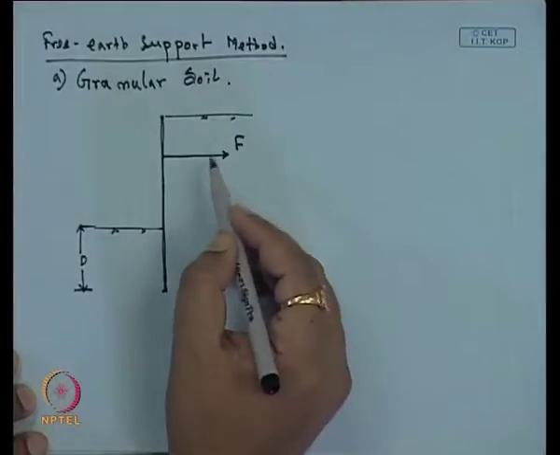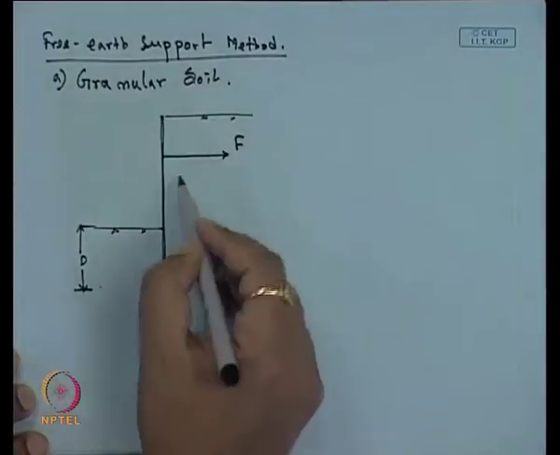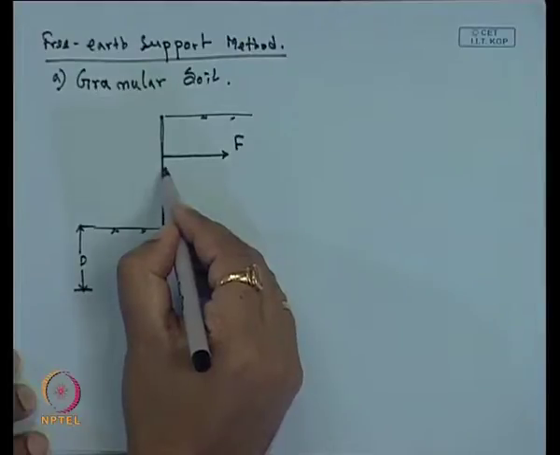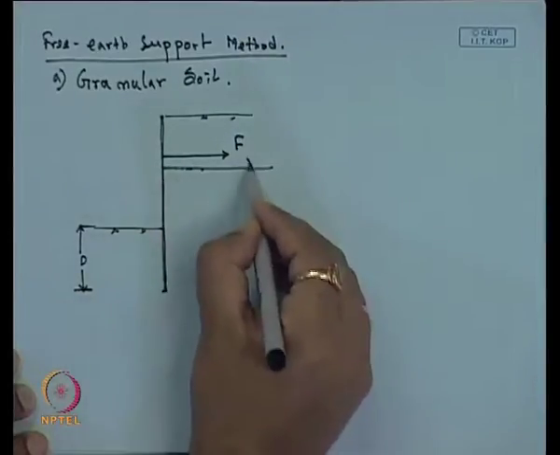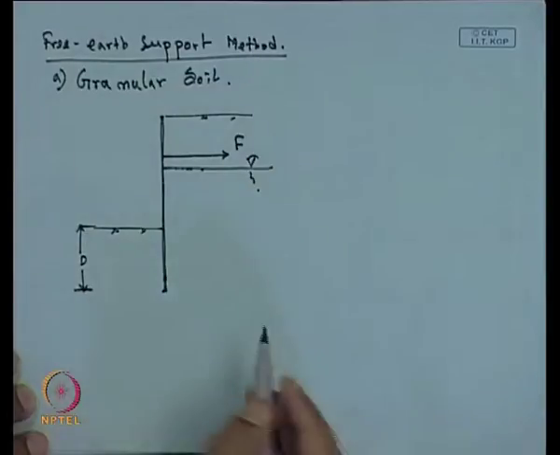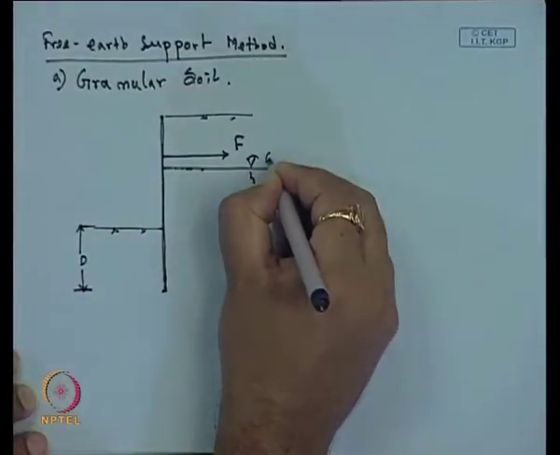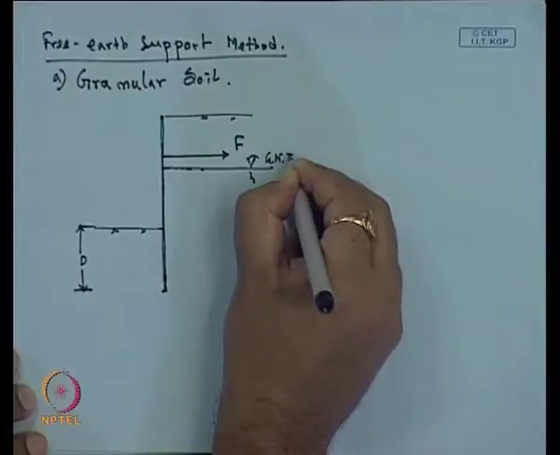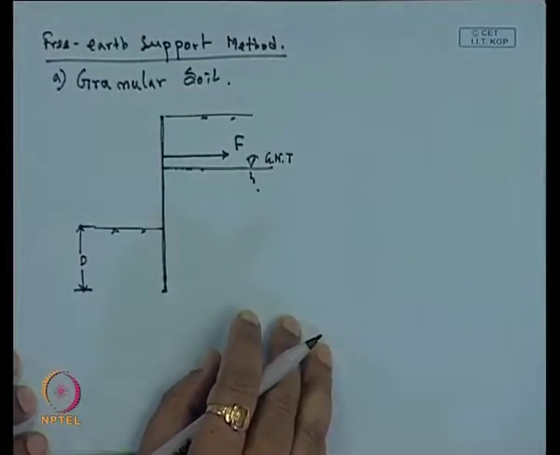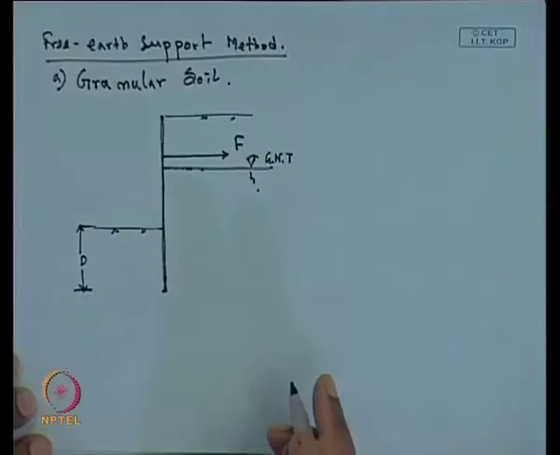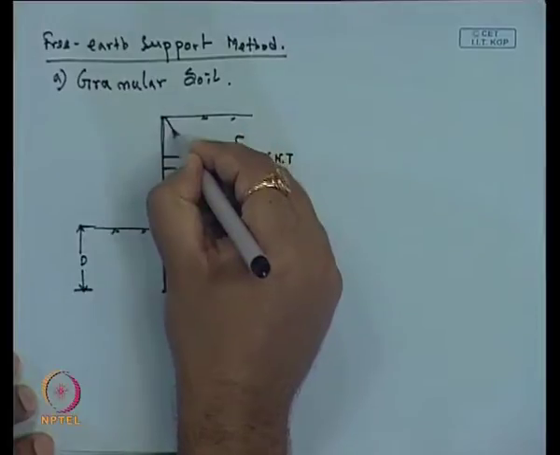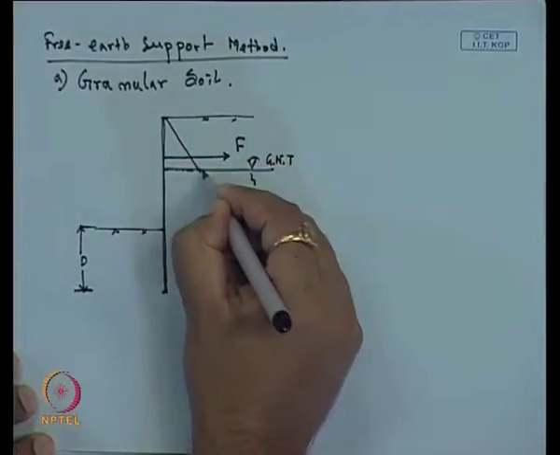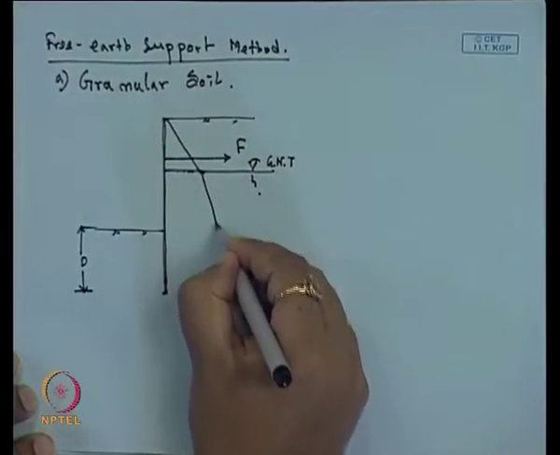Now, the water table condition: suppose this is the position of the groundwater table. Now, the load distribution diagram that we can draw would be the expected diagram.